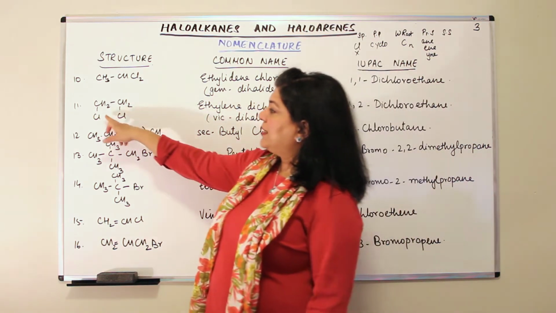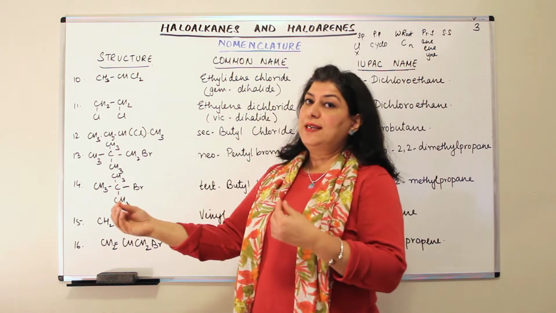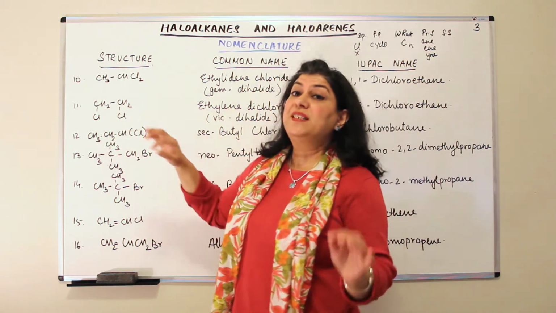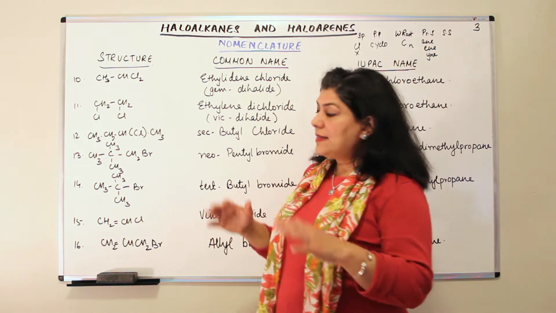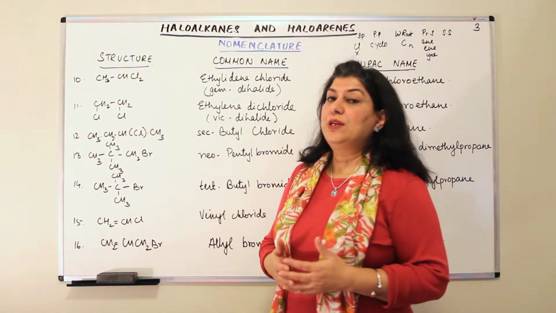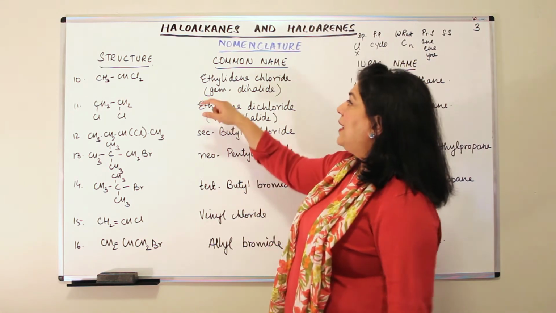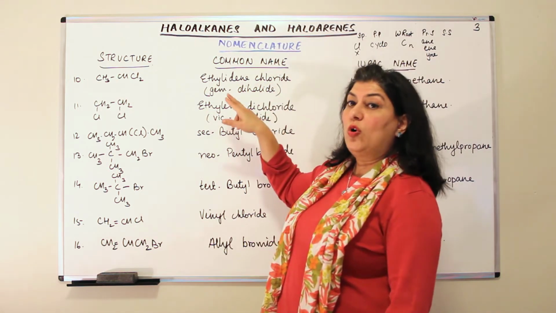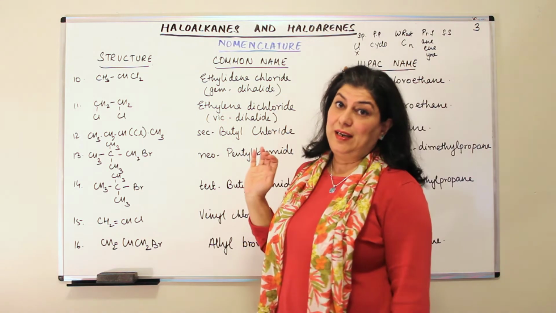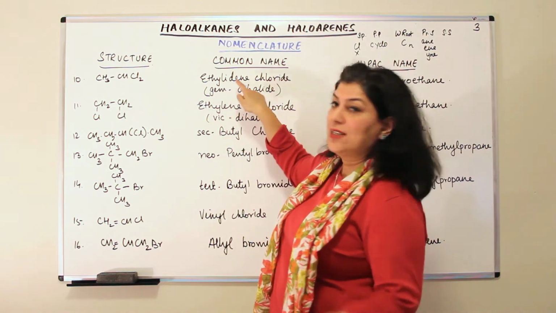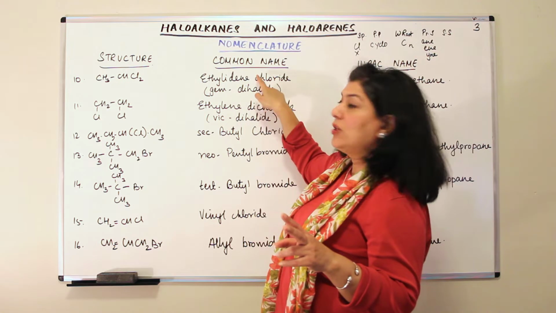And when you have halogen atoms attached to 2 adjacent carbon atoms, such compounds are known as vicinal dihalides. There is another type of common nomenclature usually given to such gem dihalides and vicinal dihalides. They are known as the ethylidene chlorides or the ethylene dichlorides. Ethylidene, D stands for 2, so ethylidene will not have dichloride.